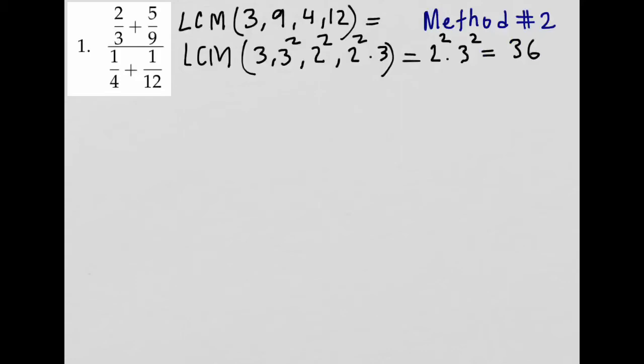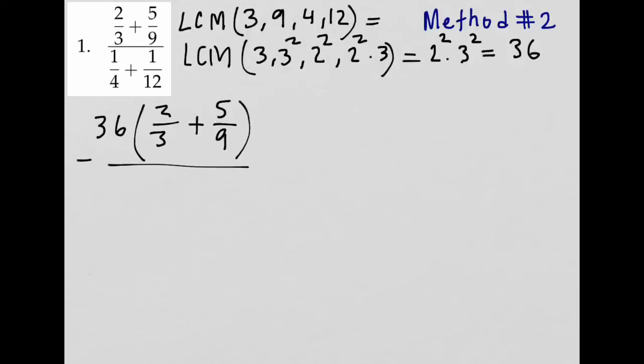Now I'm going to multiply the numerator and denominator of my complex fraction by 36. This gives 36 times 2 over 3 plus 5 over 9, over 36 times 1 over 4 plus 1 over 12. 36 times 2/3 is the same as 36 over 3 times 2, which is the same as 12 times 2, that's 24.